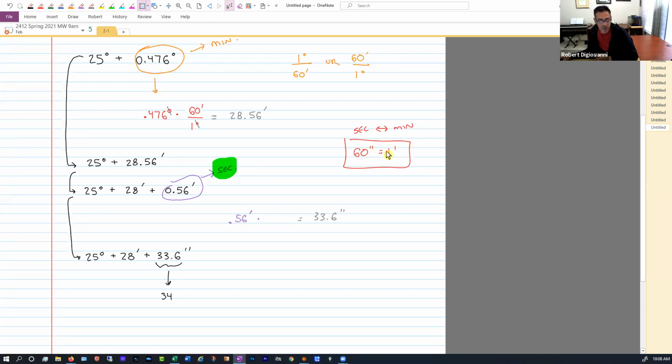Anytime you have a relationship like this, you can create two fractions from it. You can either put the 60 seconds over 1 minute, or you can do 1 minute over 60 seconds. That's true with any conversion factor. Now, the reason I'm going to use this one is because it has minutes on the bottom. Do you see that? Yes.